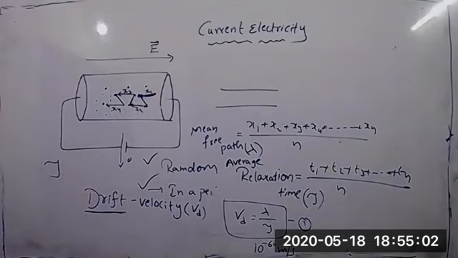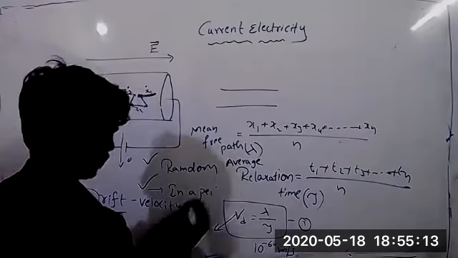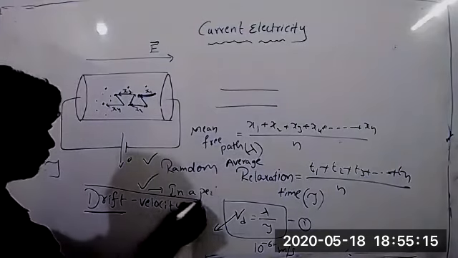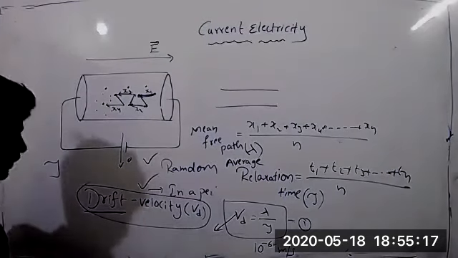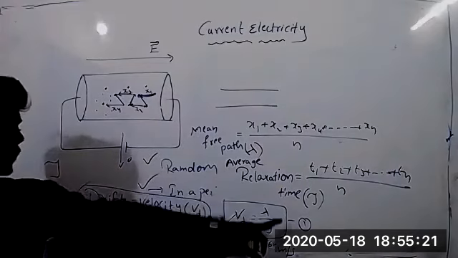What is VD, sir? VD is drift velocity. Drift velocity equals mean free path by average relaxation time.